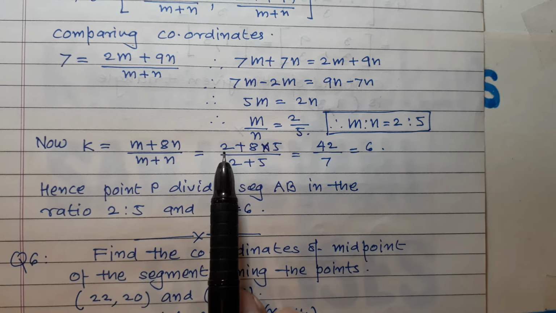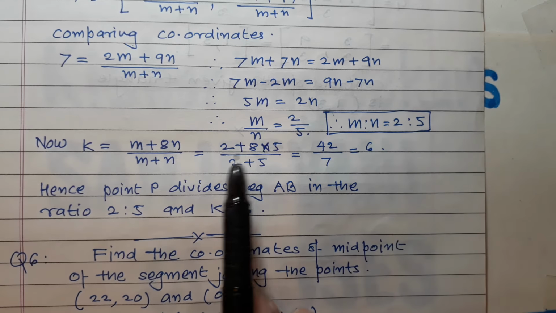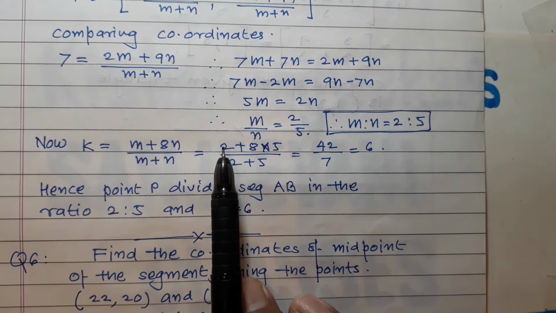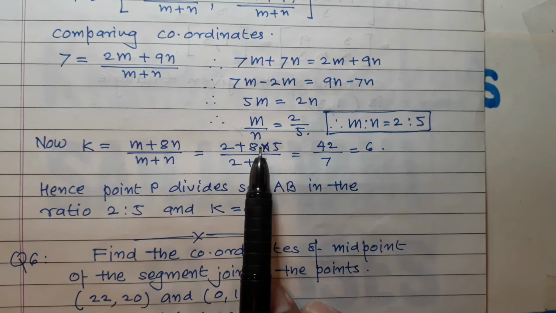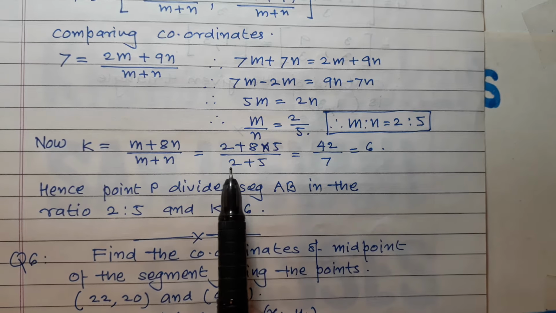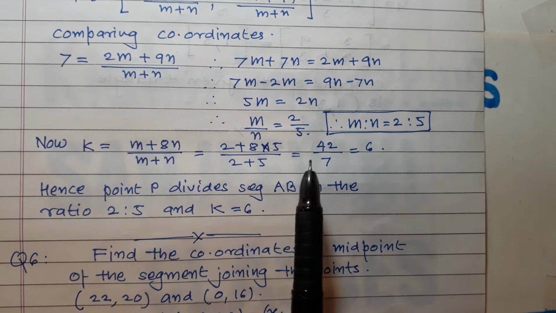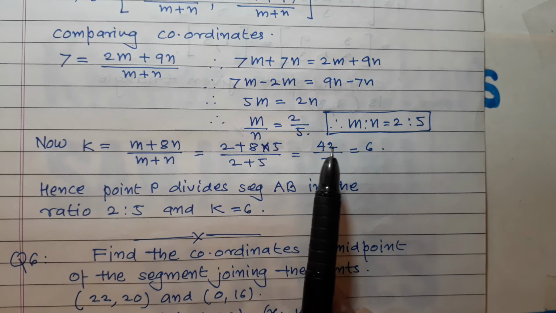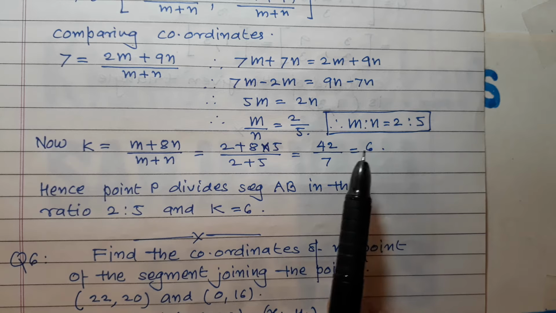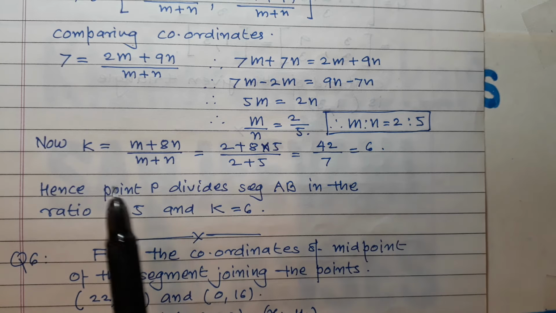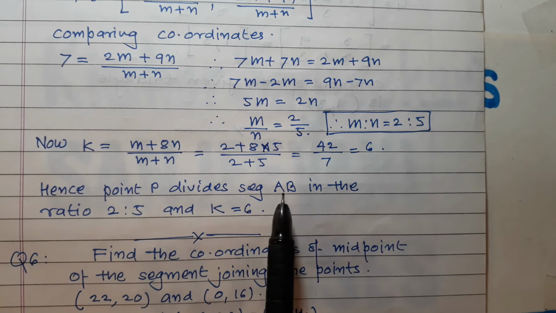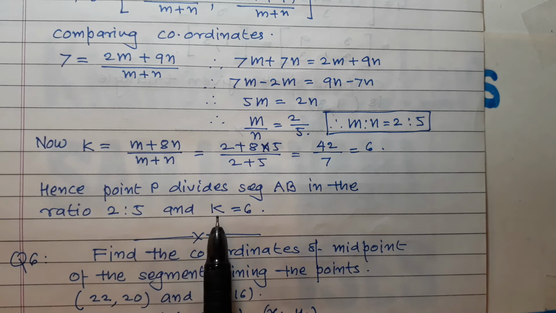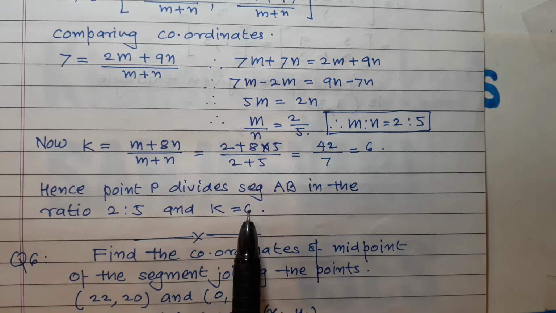You know m and n, therefore for m you substitute 2, plus 8 into 5, upon 2 plus 5, is equal to 42 upon 7 is equal to 6. Hence point P divides segment AB in the ratio 2:5 and k is equal to 6.